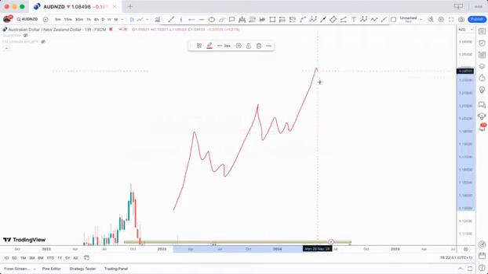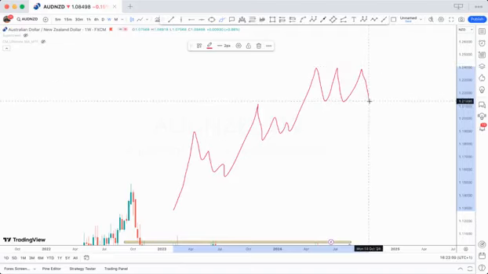We could also have a horizontal range formation like this. So a pullback, because pullbacks are necessary for the market to gather enough volume, enough orders. These pullbacks are what the market uses to get enough orders, right? These orders are being used for the market to move.